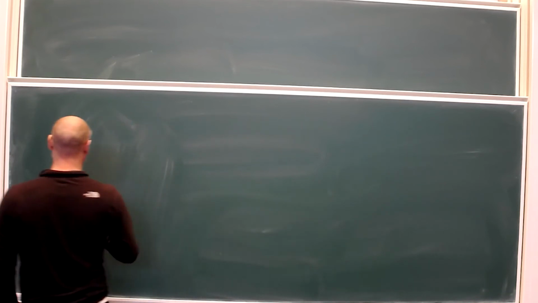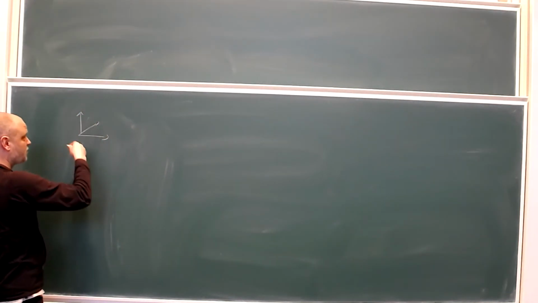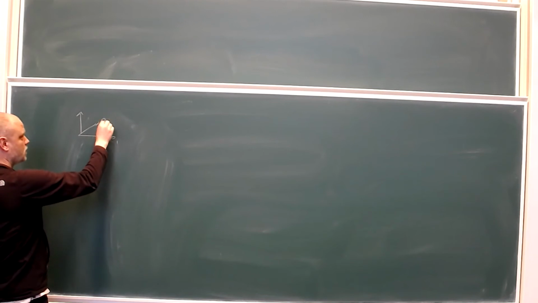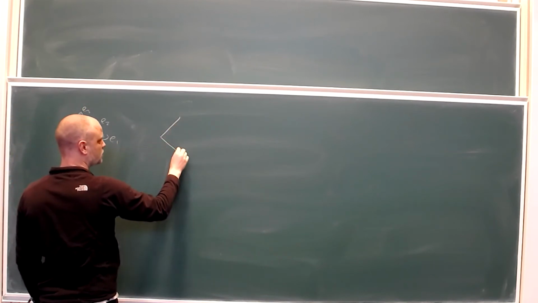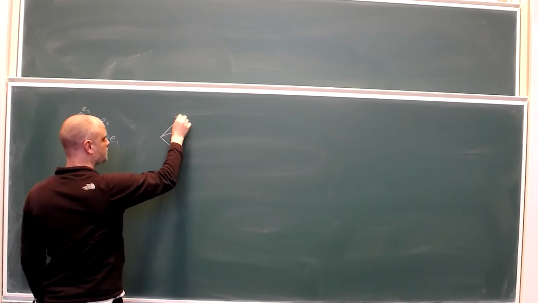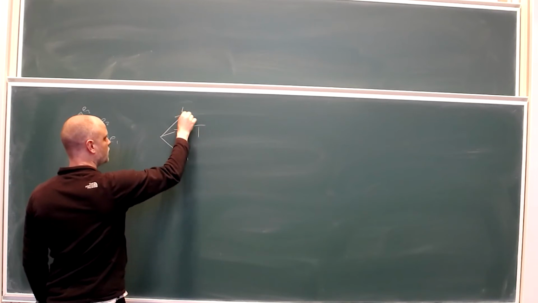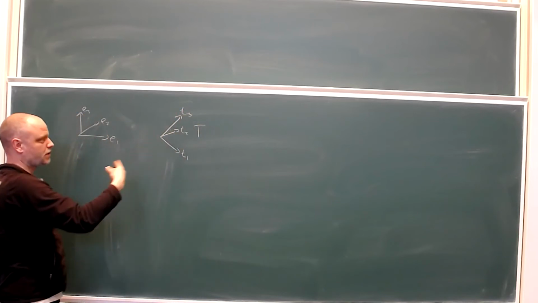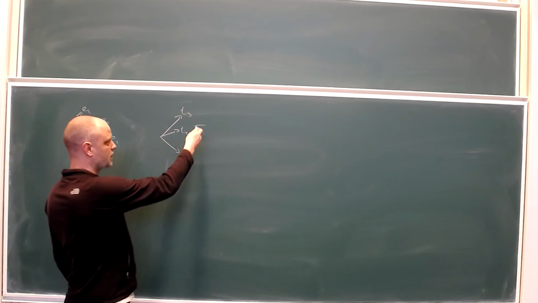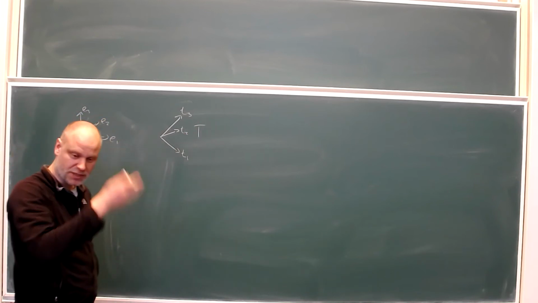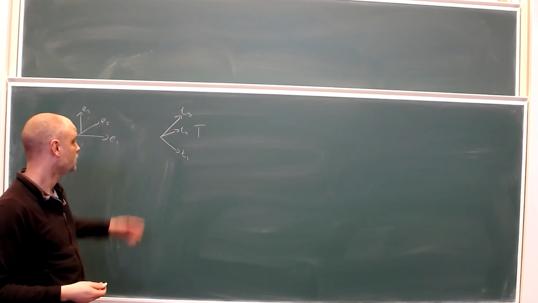So basically, if I have the standard basis, this is E1, E2, E3, and then I take some other basis which is orthonormal, this is T1, T2, T3, so these are unit lengths with 90-degree angles between each other, and then T is the matrix here, which then becomes unitary.